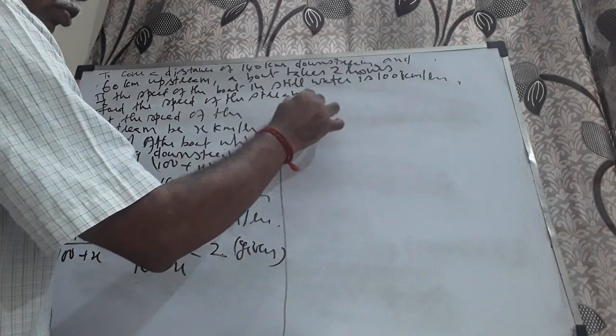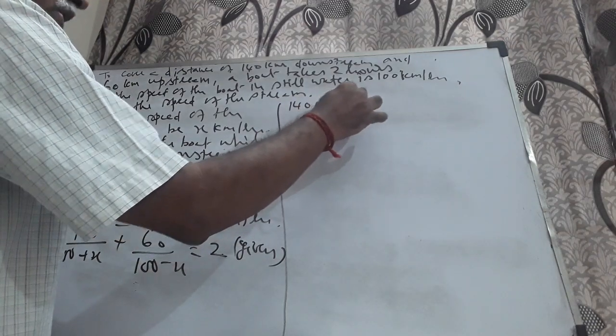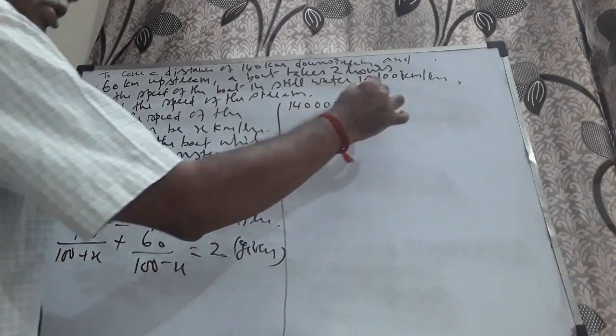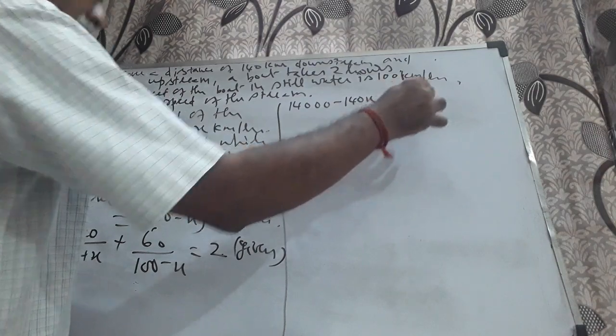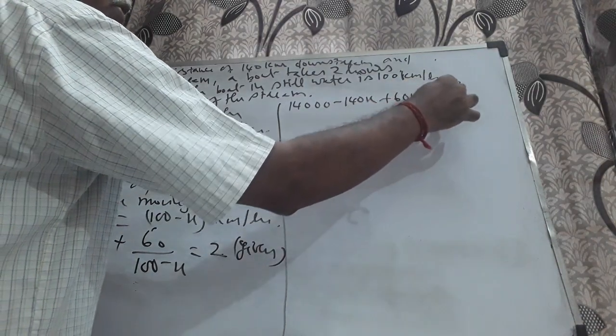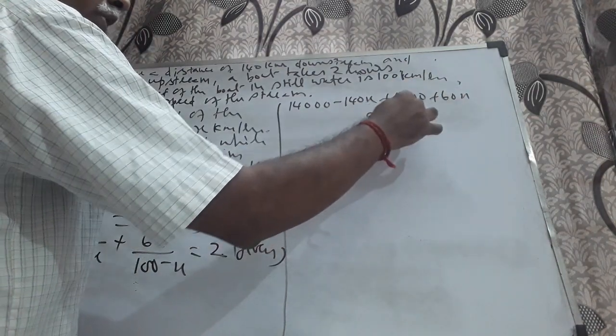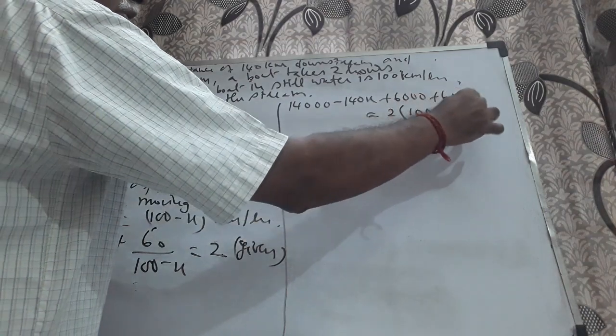Therefore, 14,000 minus 140x plus 6,000 plus 60x is equal to 2 into 10,000 minus x square.